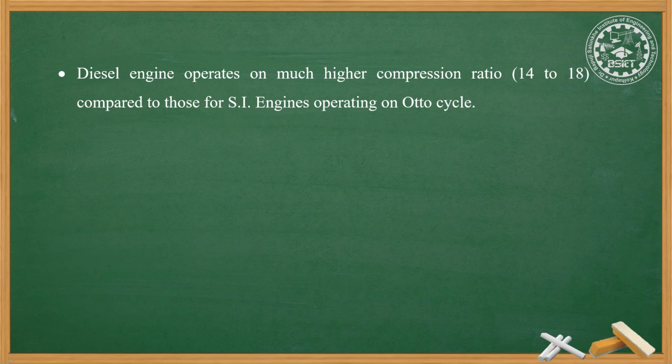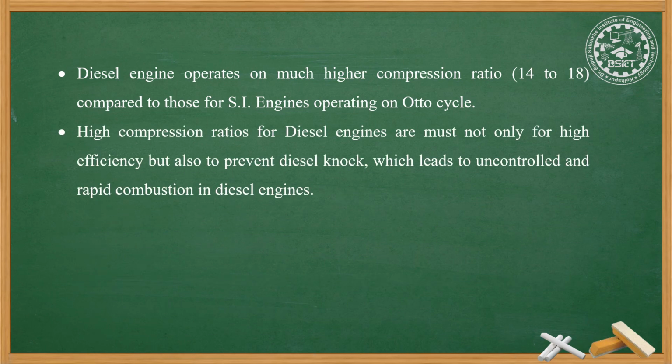A high compression ratio for diesel engines is a must, not only for high efficiency but also to prevent diesel knock, which leads to uncontrolled and rapid combustion in the diesel engine, causing engine failure.